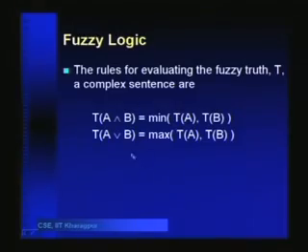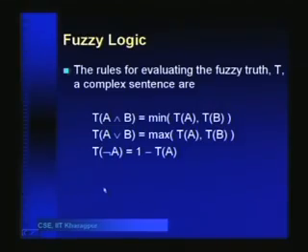So, there are no conditionals or anything like that, and we just deal with the min and max operators. So, the analysis itself becomes much simpler than that of Bayes networks, right. And the truth of not A is equal to 1 minus the truth of A, right. So, these are the three basic rules for analysis on fuzzy sets, right.